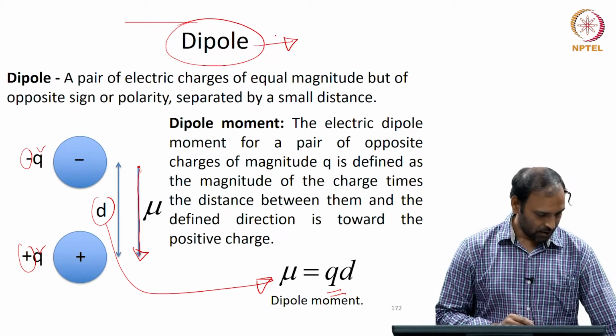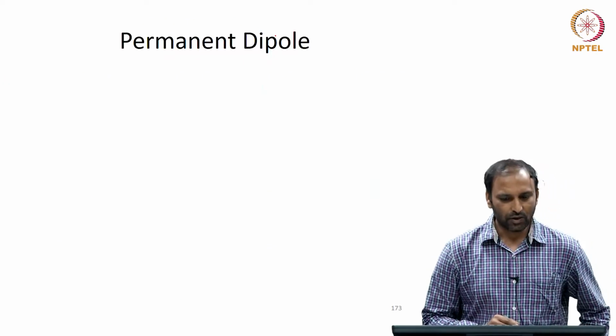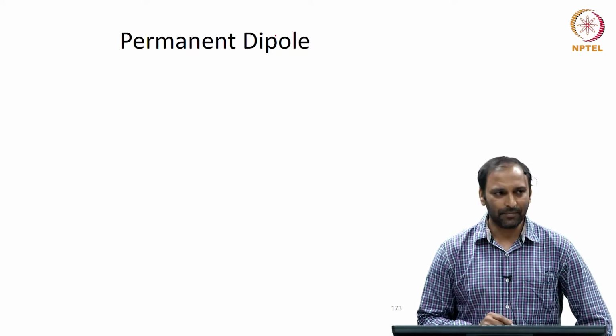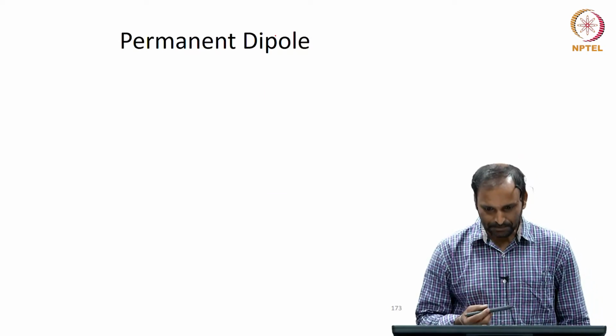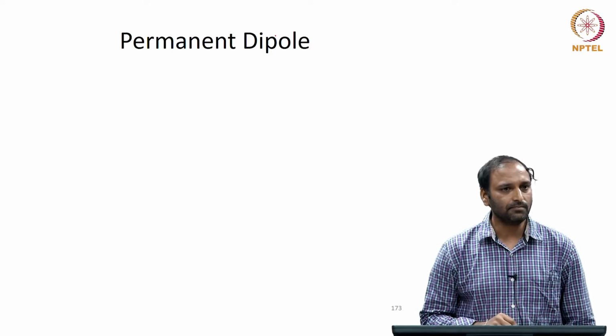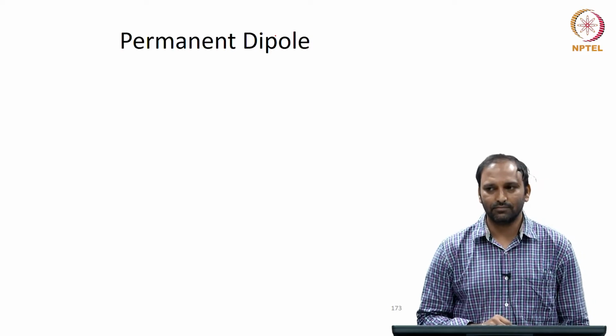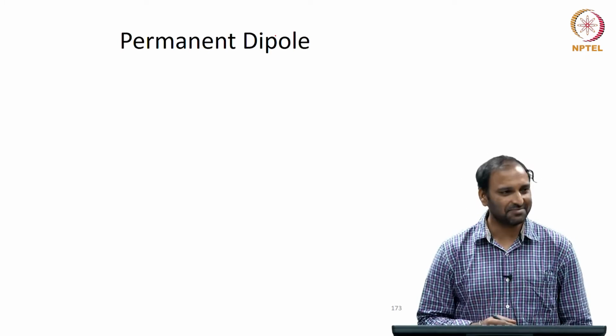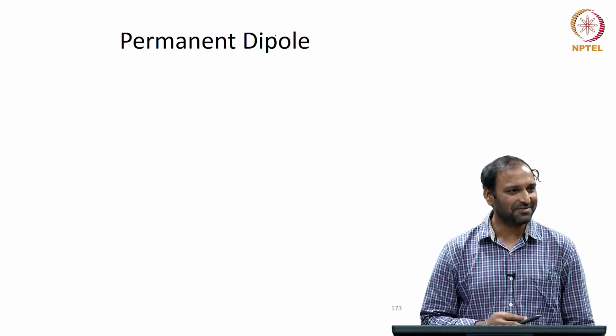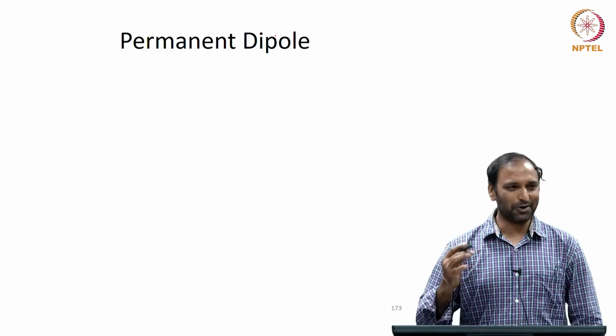Okay. Let us talk a little bit about what is called a permanent dipole. Any thoughts? What is a permanent dipole? Some thoughts? Like, the water molecule has a permanent dipole. Yes, the water molecule has a permanent dipole.